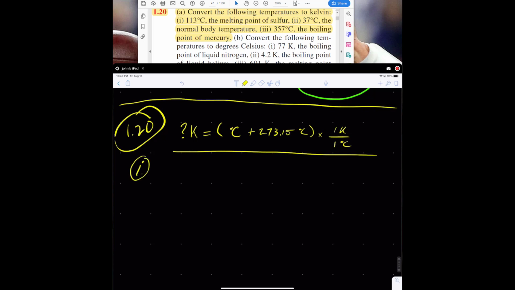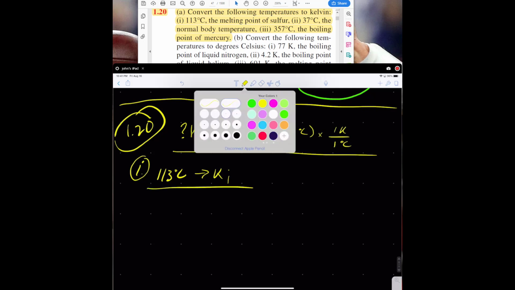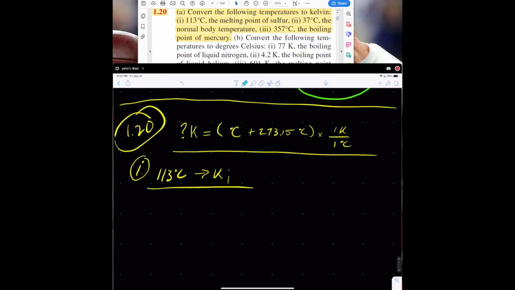So for part 1, we're going to convert 113 degrees Celsius to Kelvin. We can just simply plug in the numbers here. 113 degrees C plus 273.15 degrees C, times 1 Kelvin over 1 degree Celsius.